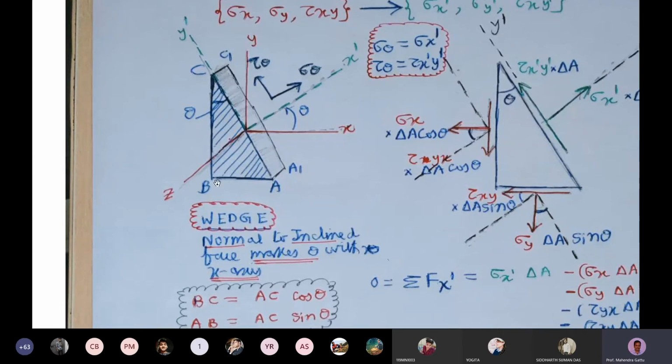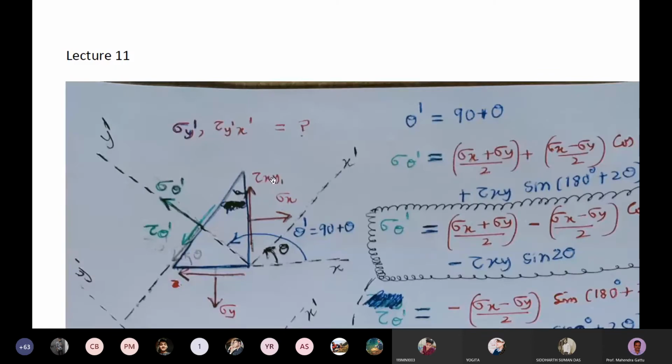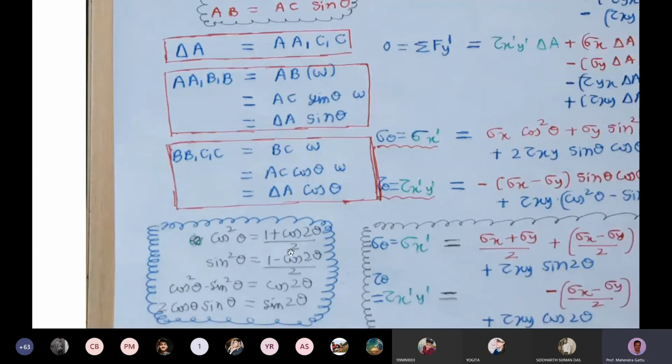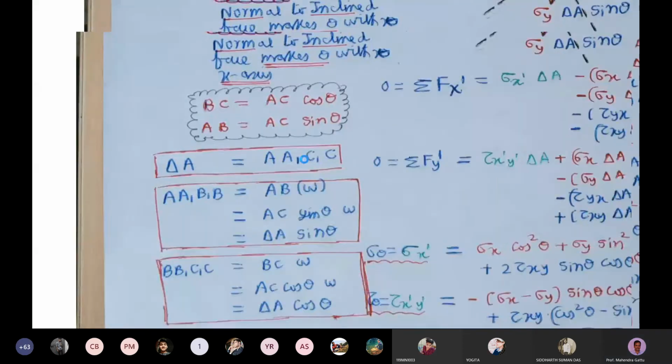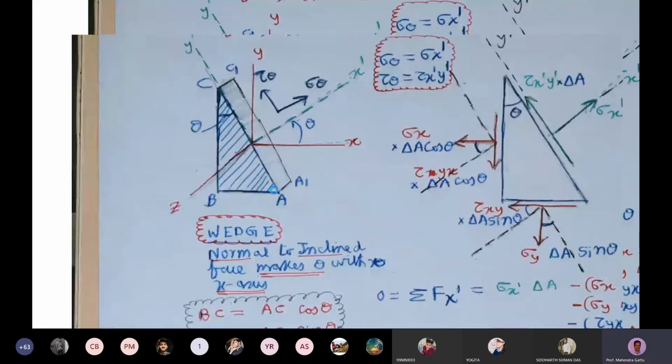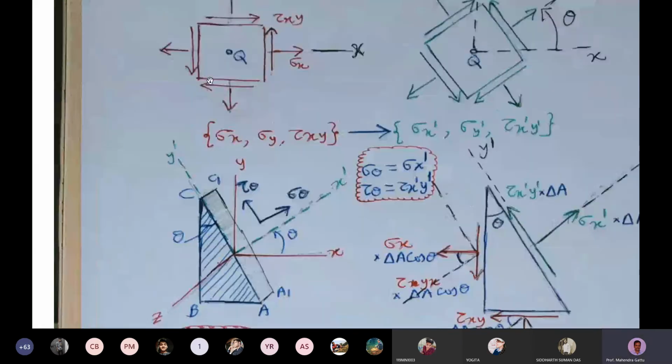And for this horizontal surface, what are the stresses acting on the horizontal surface? Can anyone answer that? I showed the answer. So what are the stresses acting on the horizontal surface? Because this horizontal plane is similar to this plane. Okay.